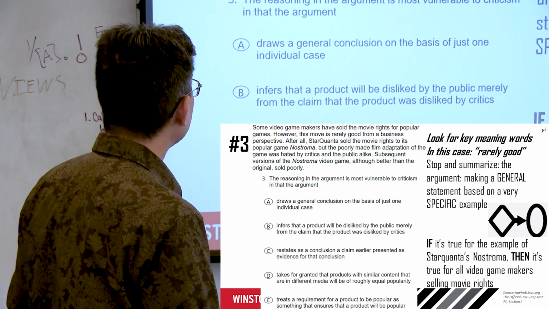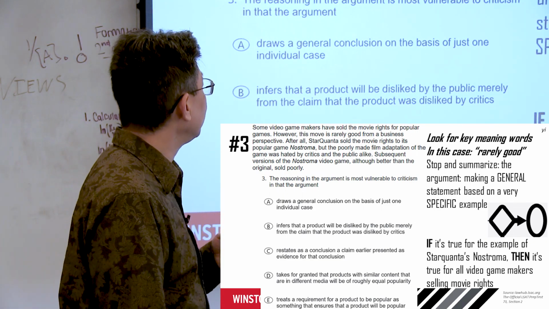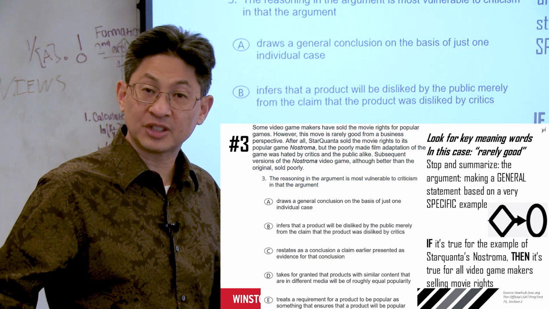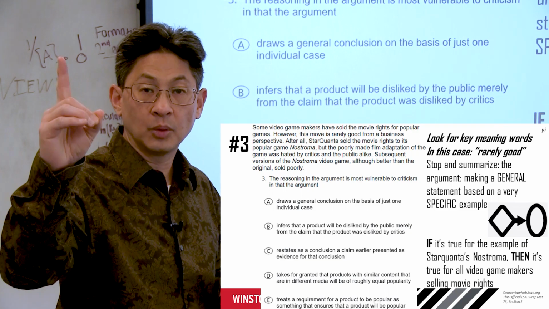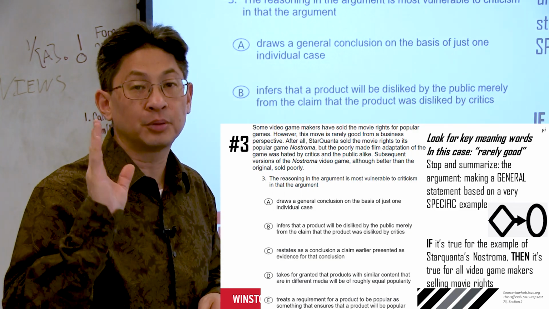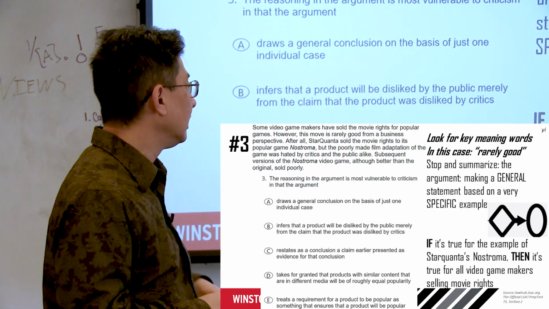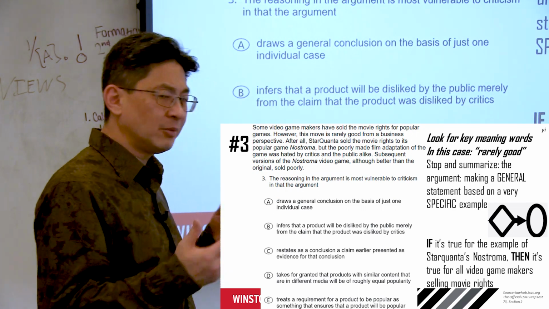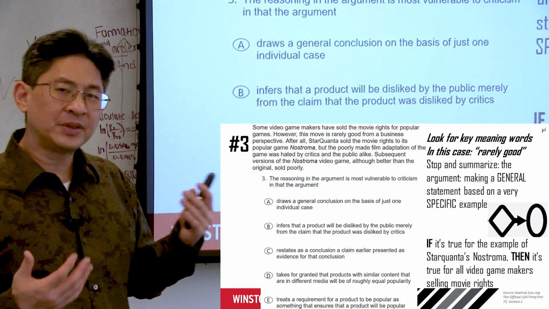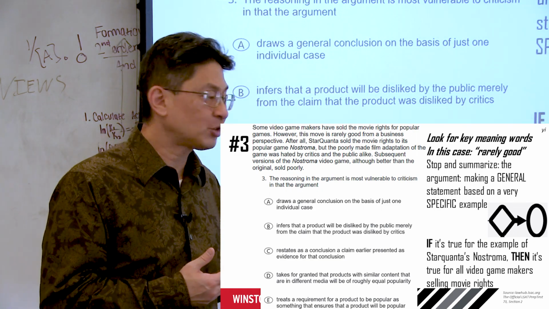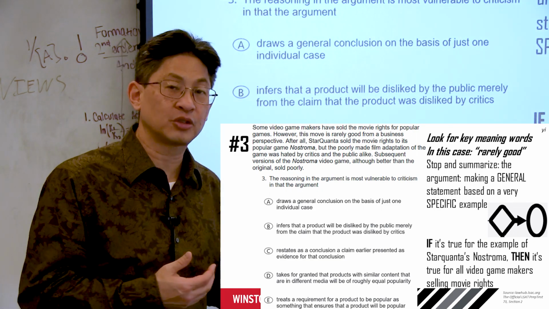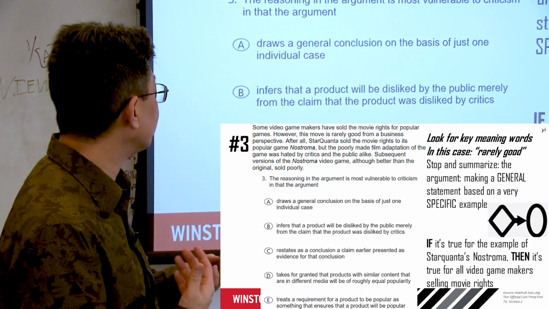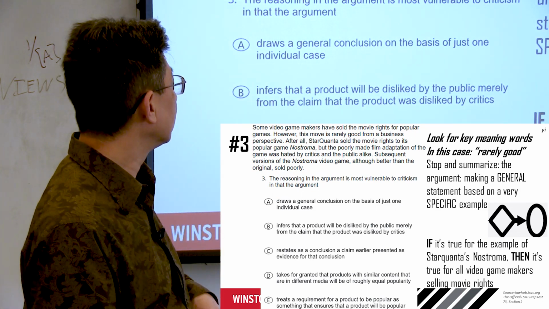They're claiming that game makers selling movie rights is a bad idea. And do they give you multiple examples? No. They give you one example to prove that larger point. So you have to be able to see that. And the reason why if-then comes into play is what they're essentially saying: if this is true for Star Quanta's Nostromo game, then it's also true for all video game makers who are selling their movie rights.